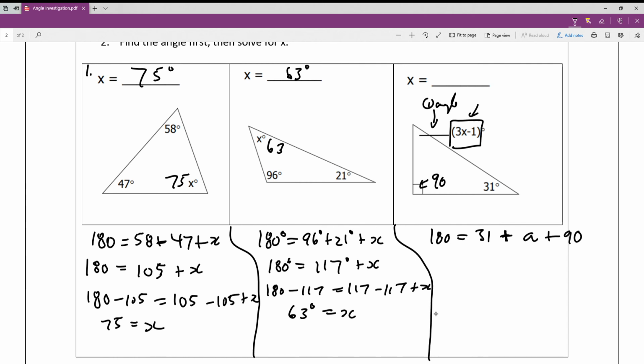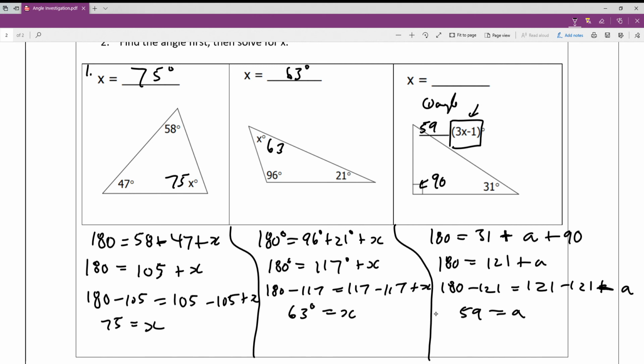Okay, so you want to simplify the right side of it. 90 plus 31, 121 plus A. Subtract both sides by 121. Oh, plus A, which equals 59. Okay, so A is equal to 59, right?